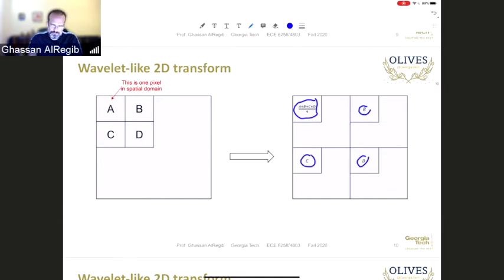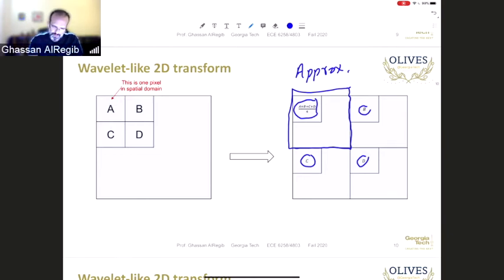Right. So now, what's happening here? This block here is my approximation. Just to have some analogy between this example and the 8 sample sequence that we had in the slides before.